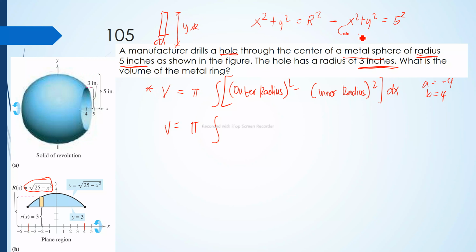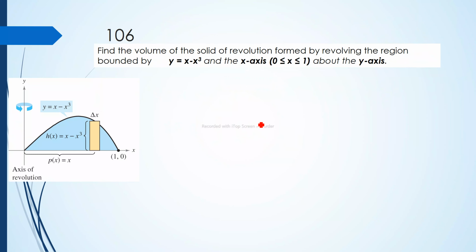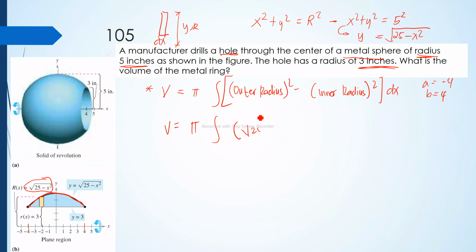From this, we can solve that y is equal to the square root of 25 minus x squared. So our outer radius represented by this curve is the square root of 25 minus x squared.